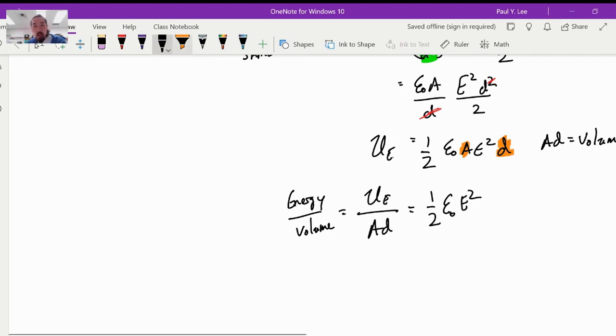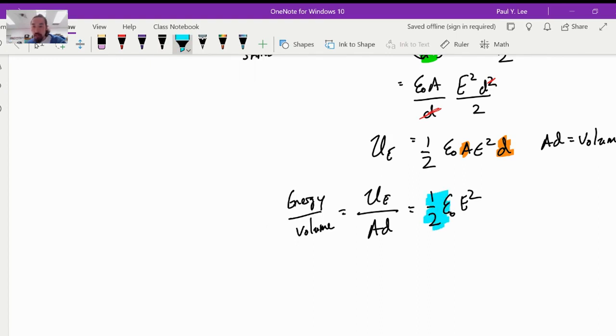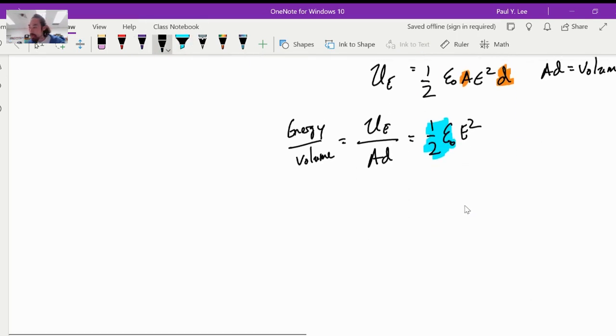Now it's important to know that this 1/2 epsilon naught, that right there, this is just a constant, so I don't want us to pay too much attention to it, but rather I want us to pay attention to this idea of this energy per volume with this E field. We see that the potential energy per volume has a square proportion to the E field.